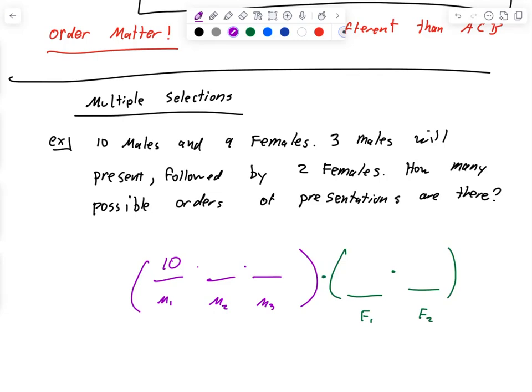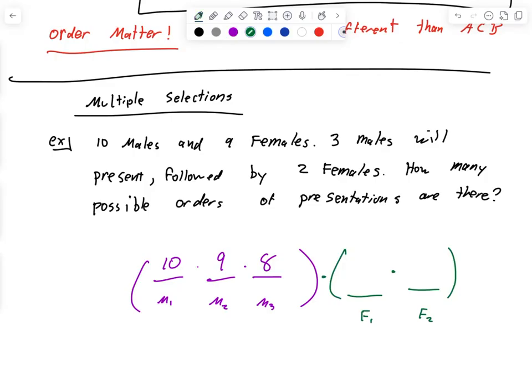So there could be 10 different ways we can start the presentations. Now, since that person's already gone and we get to the second presentation, that person cannot go again because order matters. Now there's 9, and then there's 8.